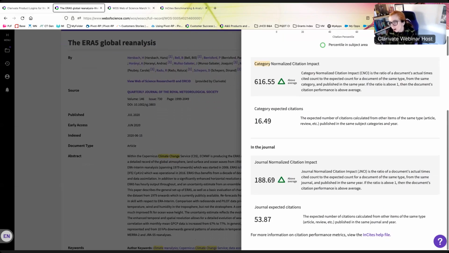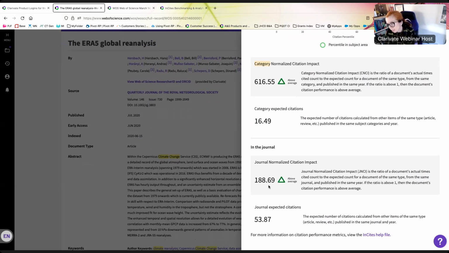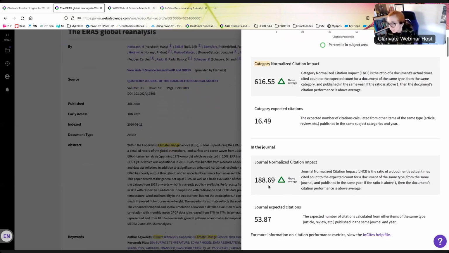So here we are contextualizing the citations based on the citation behavior of the journal for that year, for the same document type. So here again, the average for that journal, document type and same year is 53.87. So if you divide 10,000 by 53.87, you get 188.